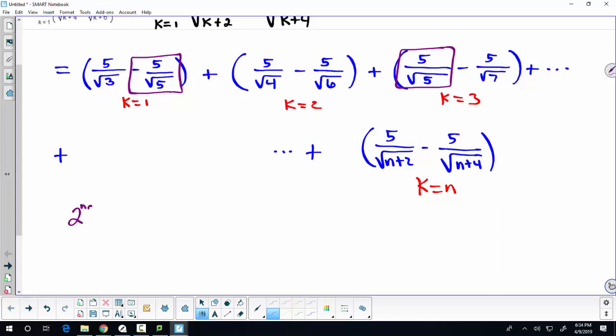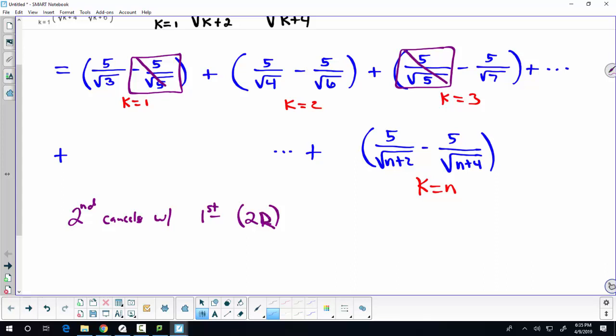So let's just write this out. The second cancels with the first term, that is 2 to the left. I suppose we could backtrack and say the first cancels with the second 2 to the right.